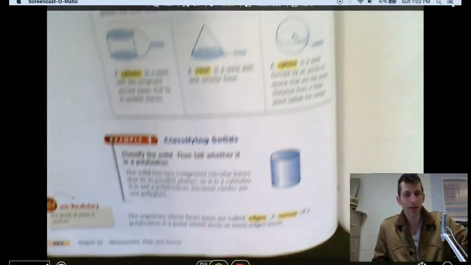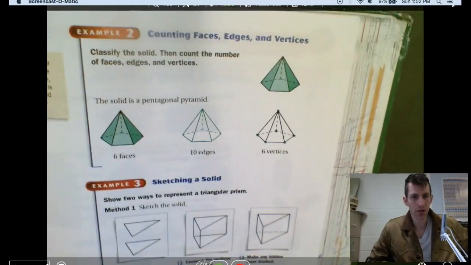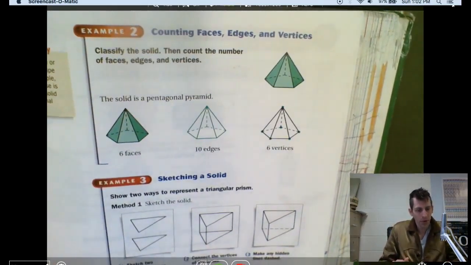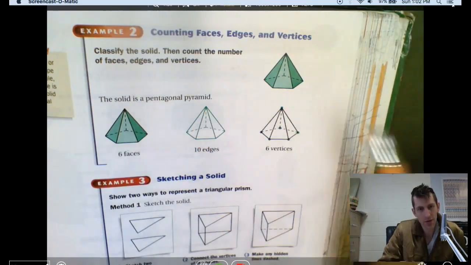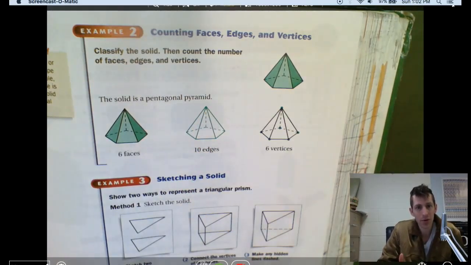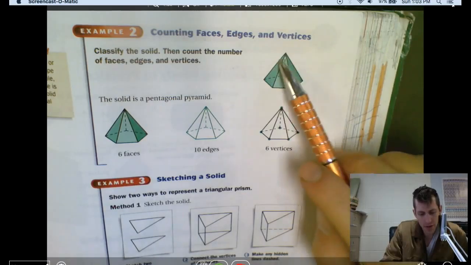So, they're actually going to have you count for some of these solids, some of these polyhedrons and other solids, the number of faces, edges, and vertices. Now, this might seem easy to you, but you better pay attention and go slow, or you're going to mess up. This is a pyramid.